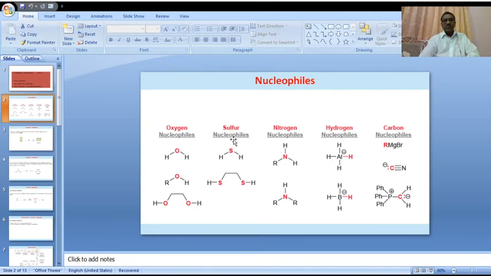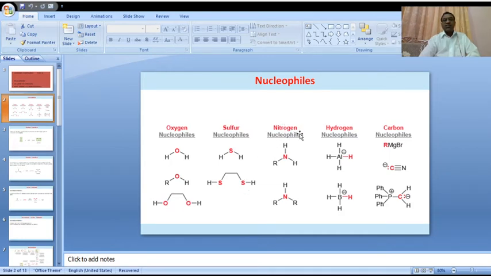Next, sulfur nucleophiles: H2S gas, and this sulfur containing peroxide structure, thioperoxide, H2S2, with S2 instead of oxygen. Here the sulfur atom is attached to this chain.